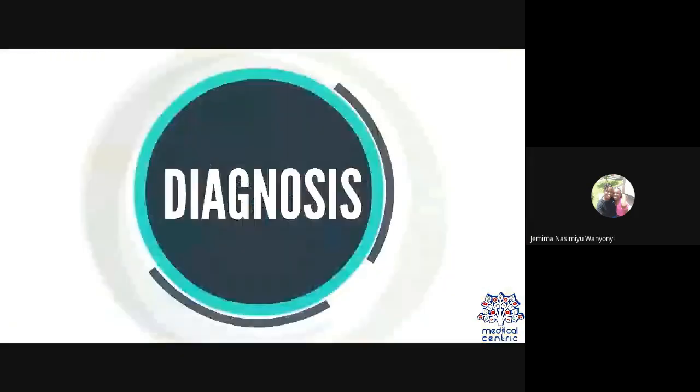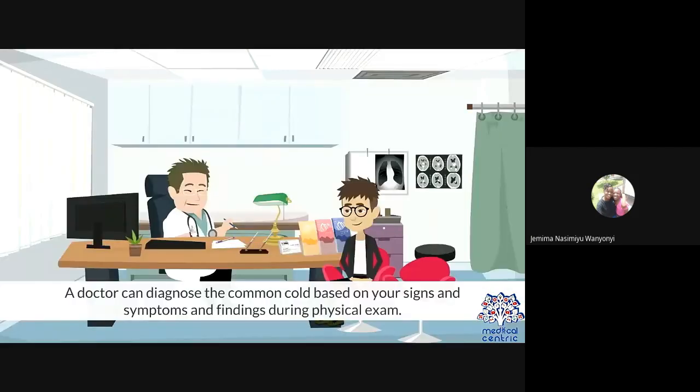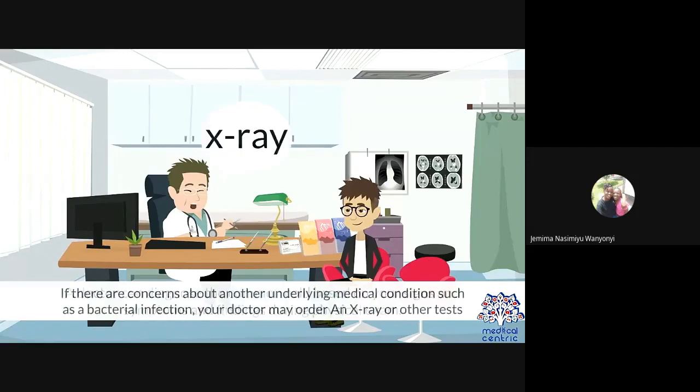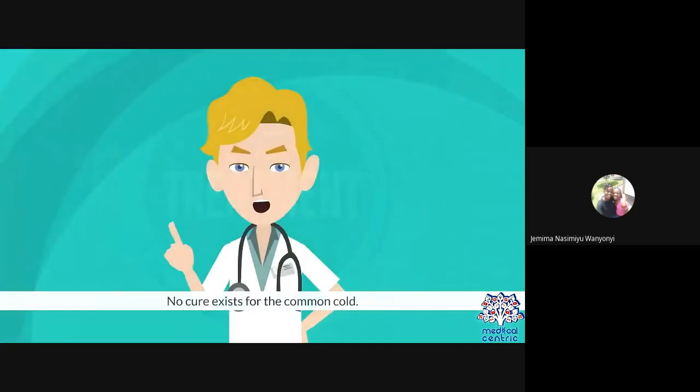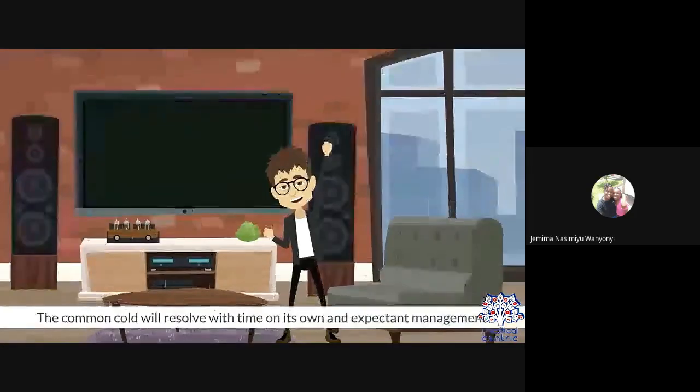Diagnosis and treatment. A doctor can diagnose the common cold based on your signs and symptoms and findings during a physical exam. If there are concerns about another underlying medical condition, such as a bacterial infection, your doctor may order an X-ray or other tests. Treatment. No cure exists for the common cold. The common cold will resolve with time on its own and expectant management.